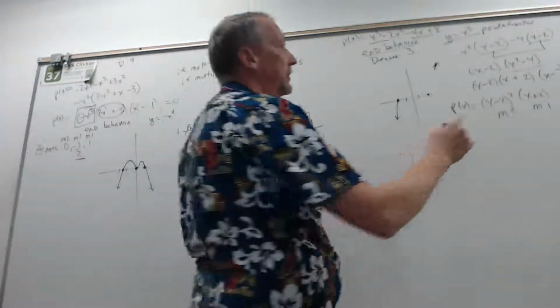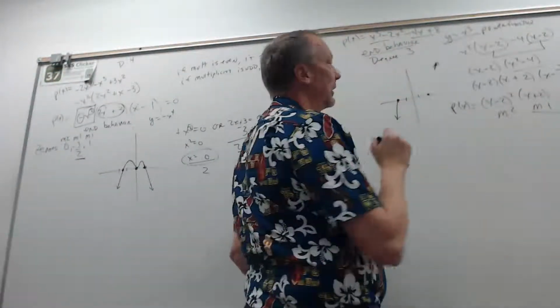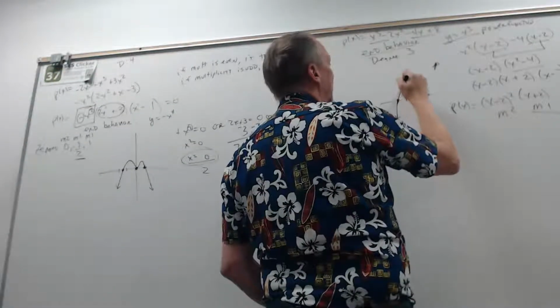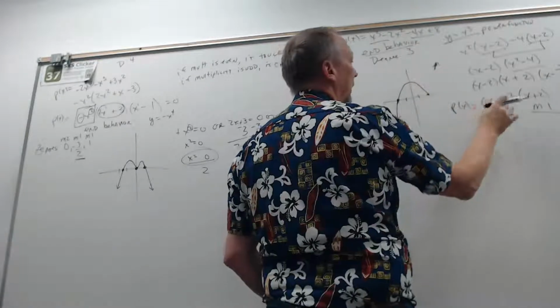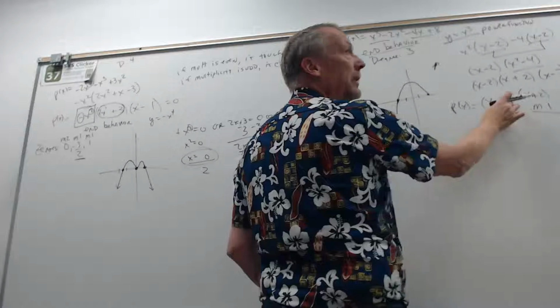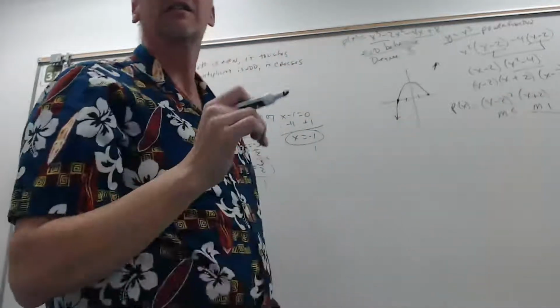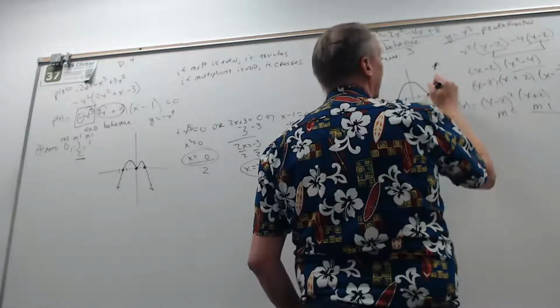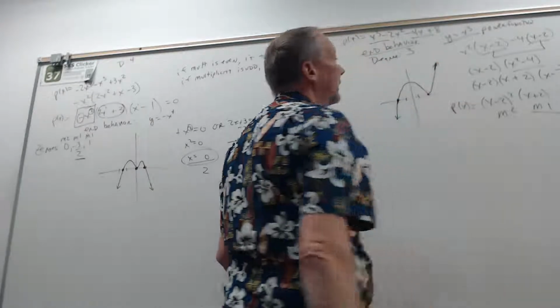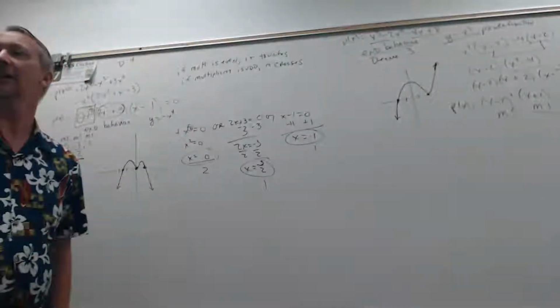I'm going to cross because it has a multiplicity of 1. So I'm going to go up here, turn somewhere, and come back. And this is an even multiplicity, so it bounces. And there you have it.